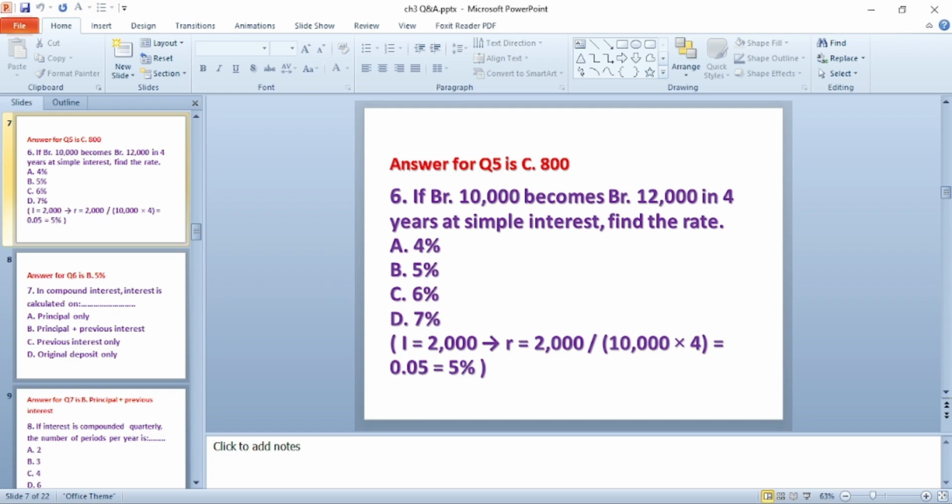When we deduct the principal from the amount, we get the interest, 2,000. So rate is equal to interest divided by principal times the years, which is equal to 0.05. So the answer is B.